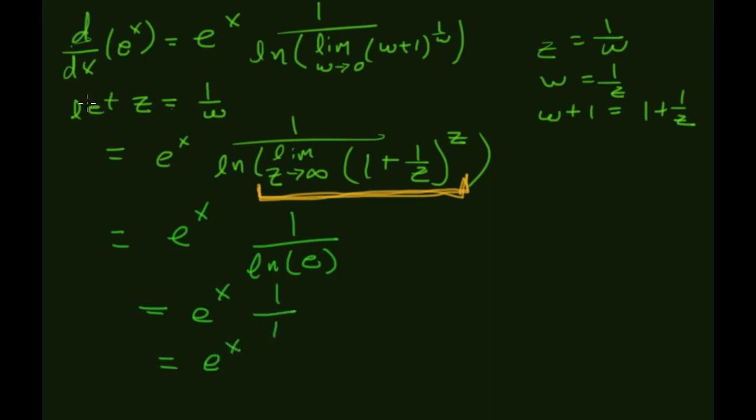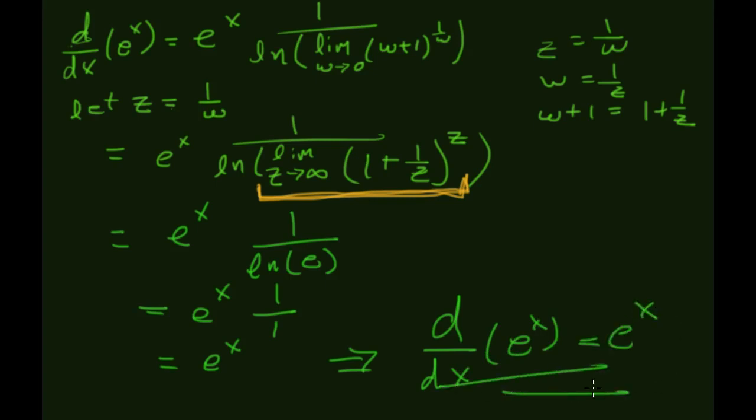So now we have this just equaling e to the x, which means we have proven that the derivative with respect to x of e to the x is in fact e to the x. Freak of nature, there it is. Never have to prove it again, but it's there. Make a little box there. Feel happy about it. So that gives me number 1: the derivative with respect to x of e to the x is e to the x.